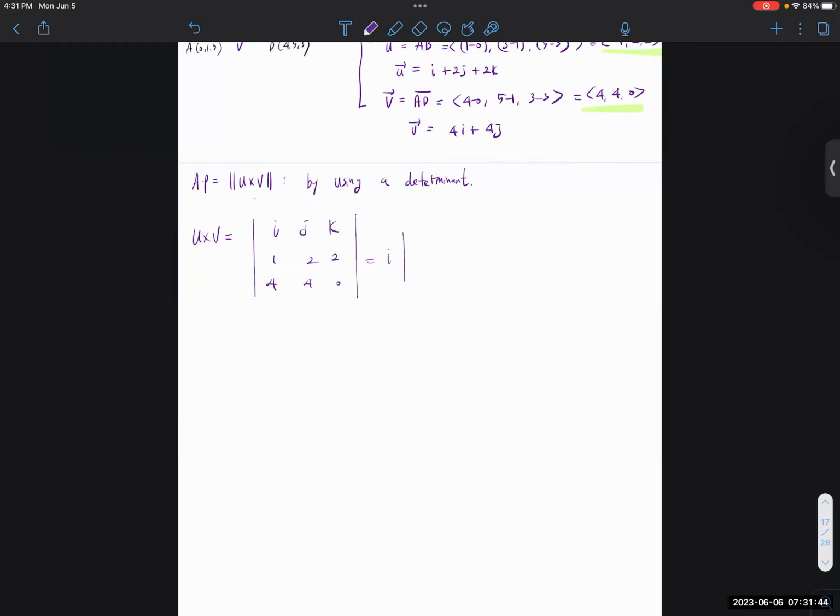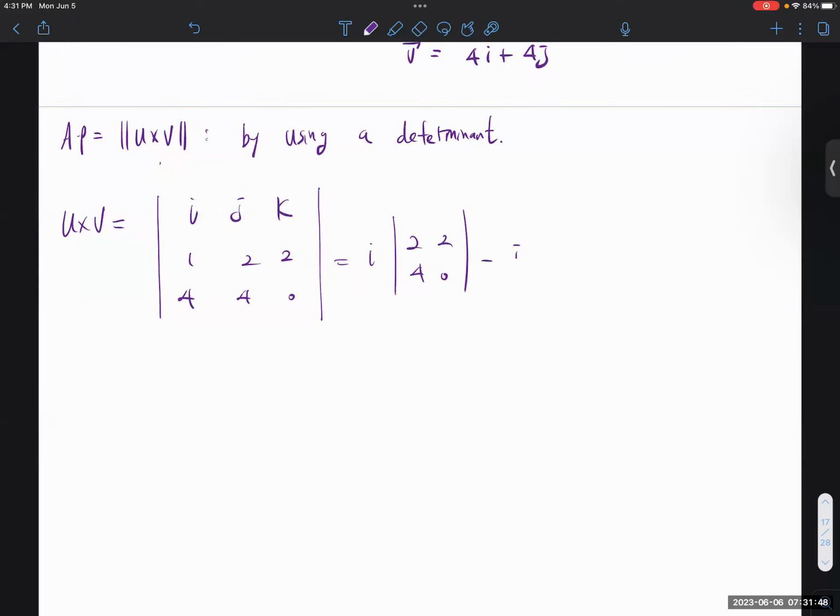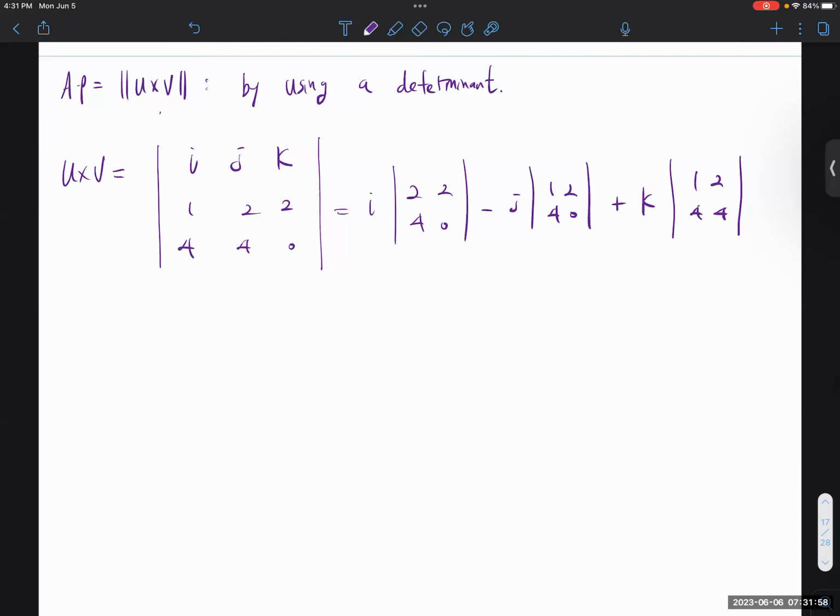So i times (2, 2, 4, 0) minus j times (1, 2, 4, 0) plus k times (1, 2, 4, 4). So let's calculate it. i times 0 minus 8, j times 0 minus 8, and plus k times 4 minus 8.